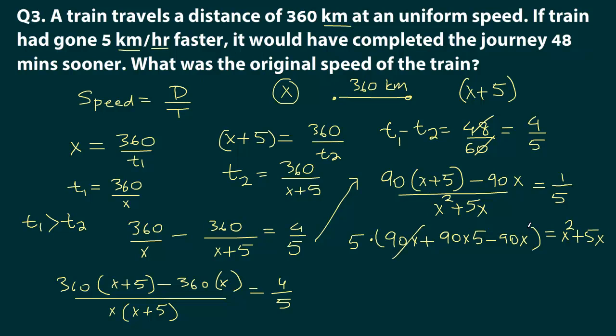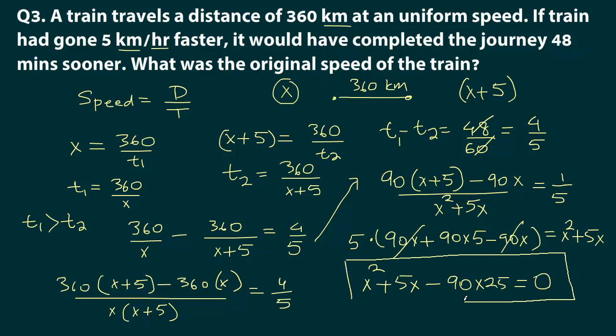Now plus 90x minus 90x cancels out. So what we have here is x squared plus 5x minus this term when it comes to the other side, which is basically 90 times 25. For the time being, let's leave it like that. So 90 times 25 equals 0. Now we basically have to solve this equation to find the value of x.